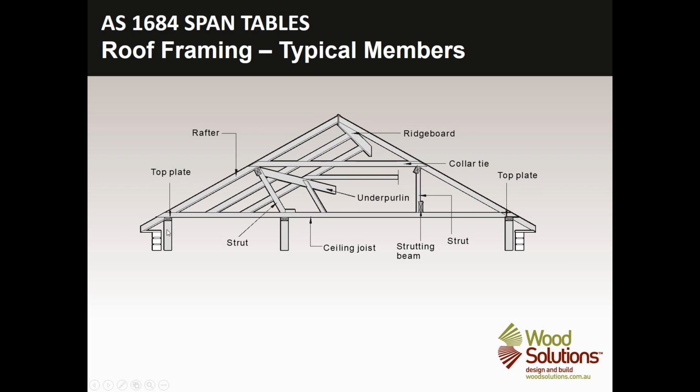We've got a top plate on top of our wall studs, and then a strut to strut our underpurlin. So a vertical strut and a perpendicular strut to our underpurlin. And then, of course, a load-bearing wall here as it's picking up that strut there. This strut's not carried by a load-bearing wall, so we've got a strutting beam picking that strut up.